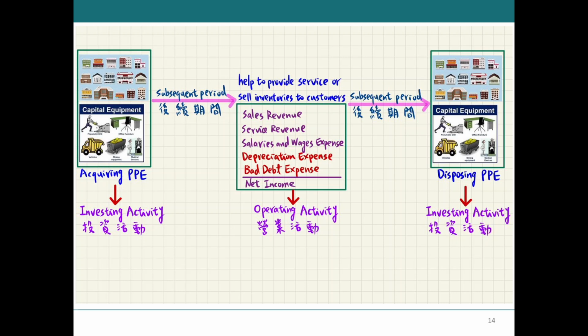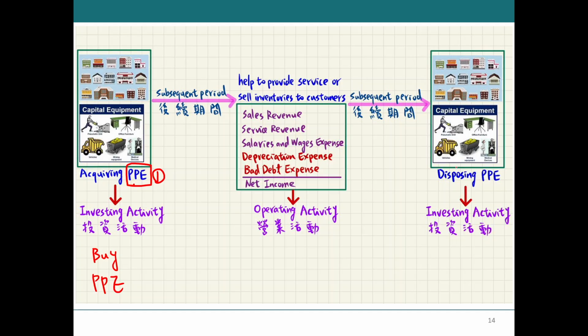So for example, on your slide, page 14, we talk about the first one, PPE. Don't forget, you buy the PPE is investing, right? So this is your first investment. When you buy PPE, that's your investment, right? But don't forget, you sell it, still, that's your investing activities.